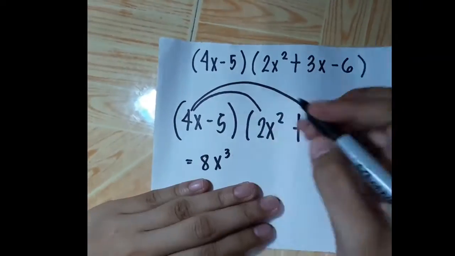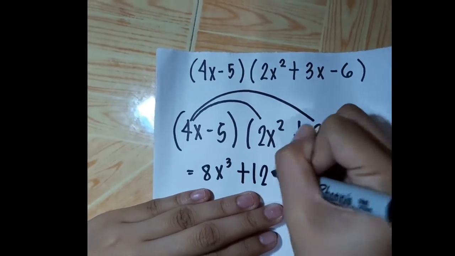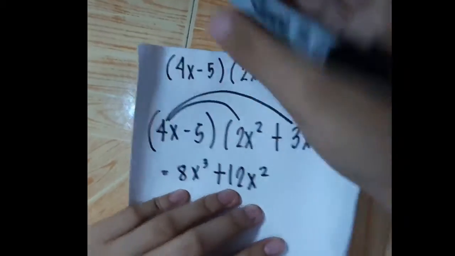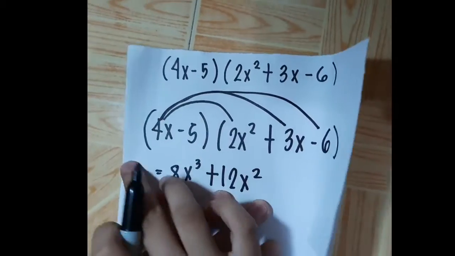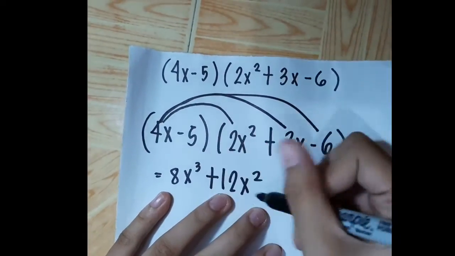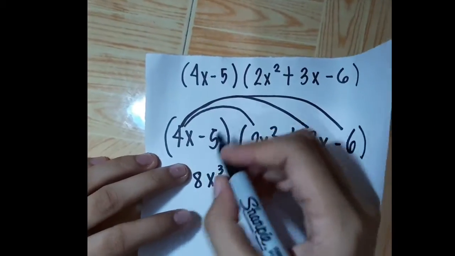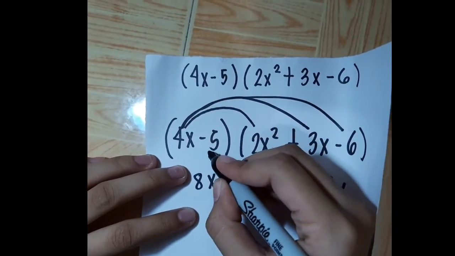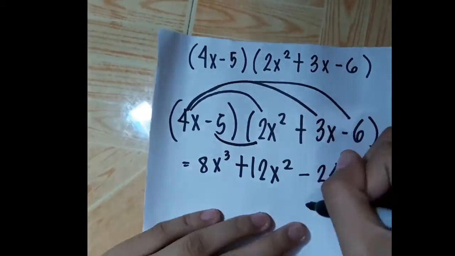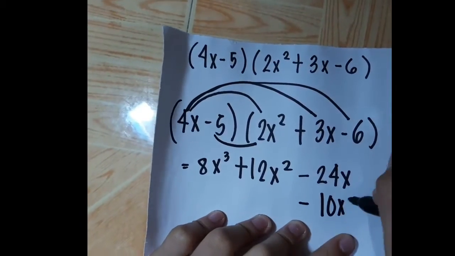Then 4x times 3x equals positive 12x squared. Then 4x times negative 6 equals negative 24x. Then second, negative 5 times 2x squared equals negative 10x squared.